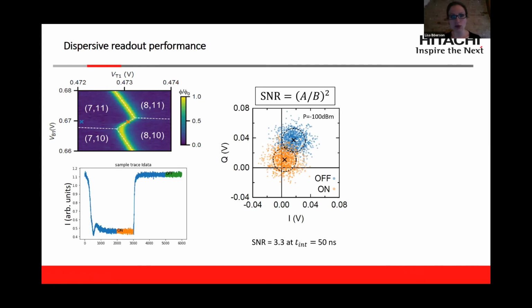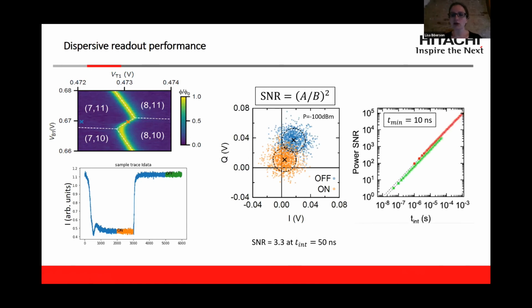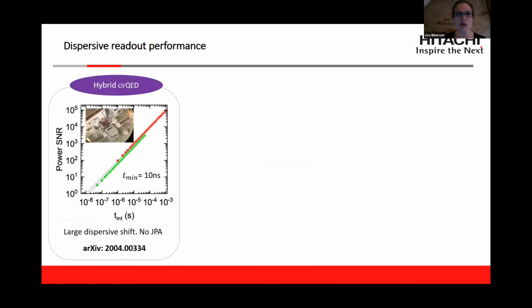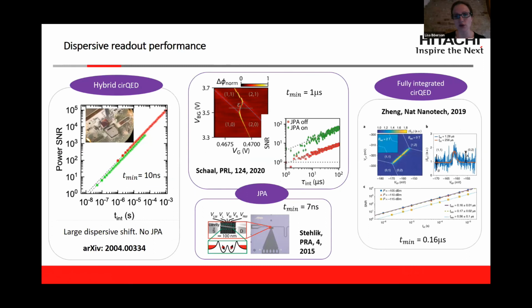And we repeat this measurement for a range of different integration times. And by performing a linear fit and extrapolating back to the point where the signal to noise ratio is 1, we determine an expression for the minimum integration time, which for our experiment is 10 nanoseconds. And we can compare this value to the state of the art.